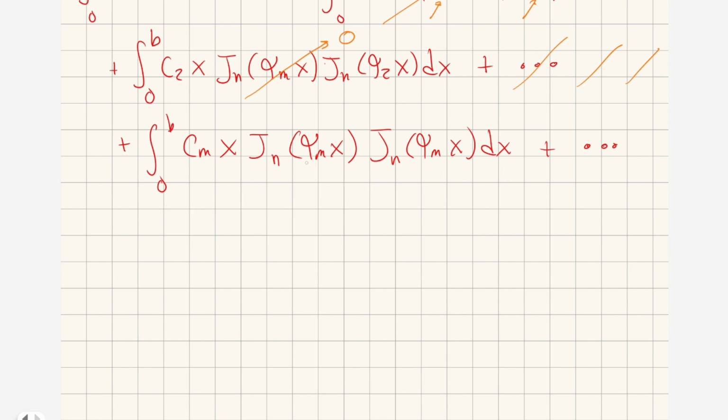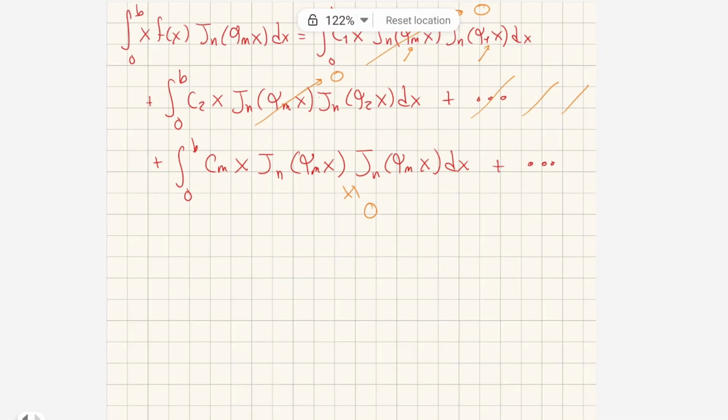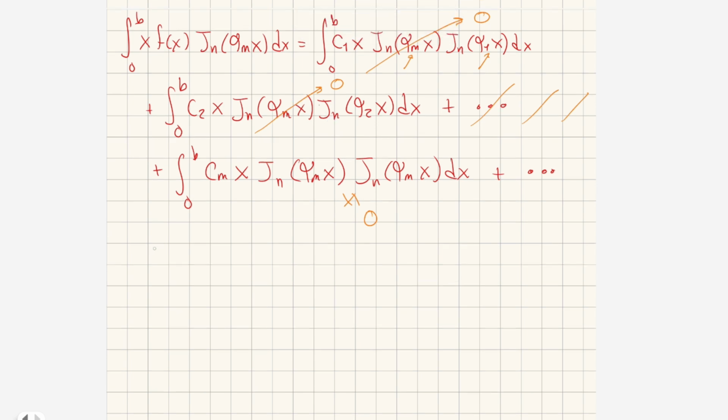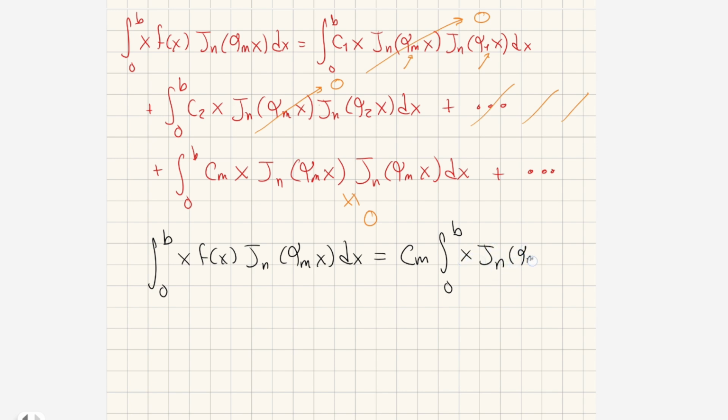Because we have the same index, right? We have the m here and the m here, so what we can say is that this element is different from 0. Okay? So with this, we can establish that the integral from 0 to b of x f of x Jn alpha m of x dx is equal to cm, that I'm taking out of the integral, and then the integral from 0 to b of x Jn alpha m of x dx, and this is squared, right?